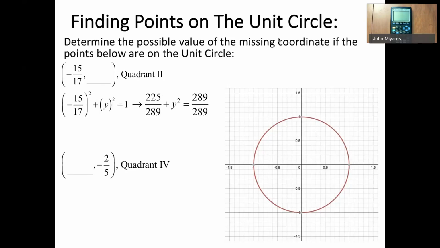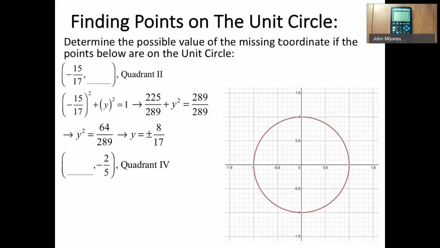Subtracting 225/289 from the 289/289, you're going to get y squared equals 64/289. Taking the square root of both sides, you're going to get y equals plus or minus 8/17.